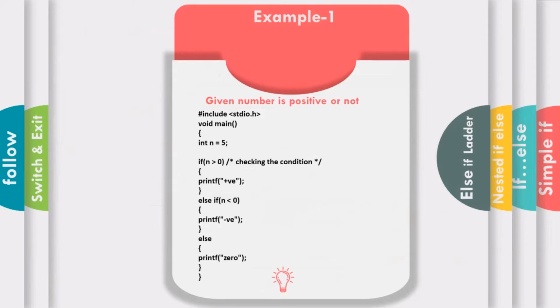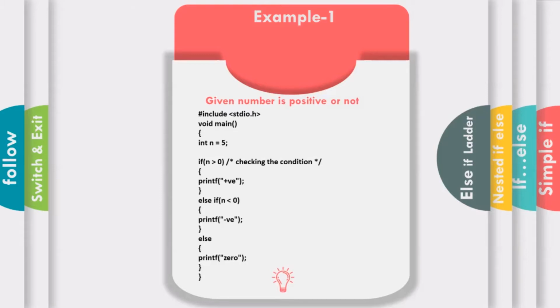If n greater than 0 is the first conditional statement. If it is true, then using the printf statement, it prints positive. If that is false, then comes the else if condition, which checks whether n is less than 0. If it is true, then it prints negative. If that else if becomes false, then comes the final else, which prints that the value is 0.